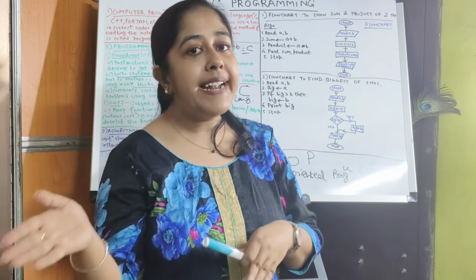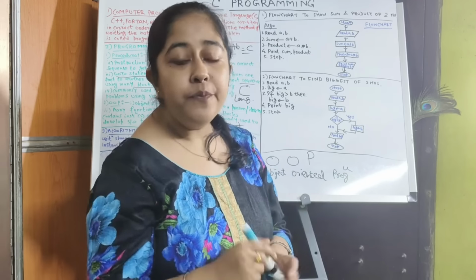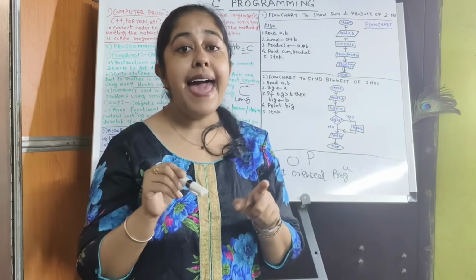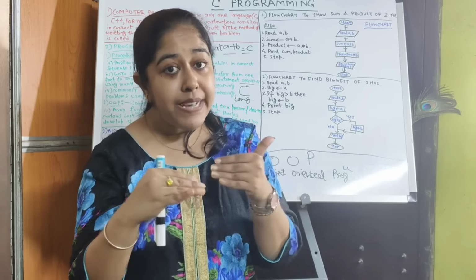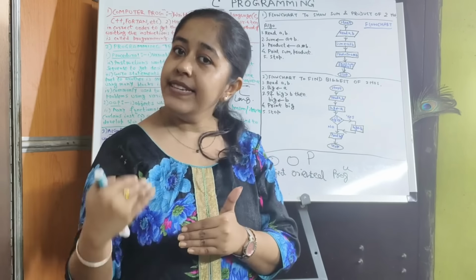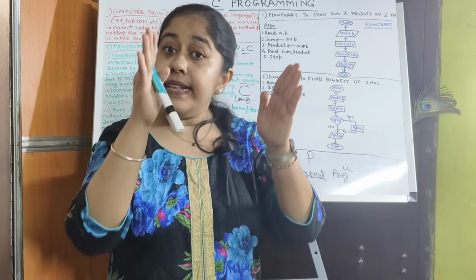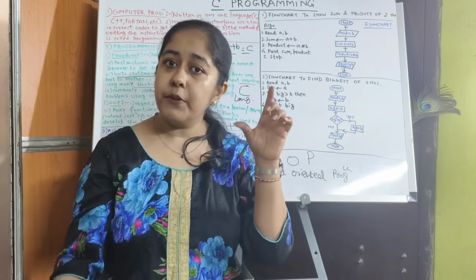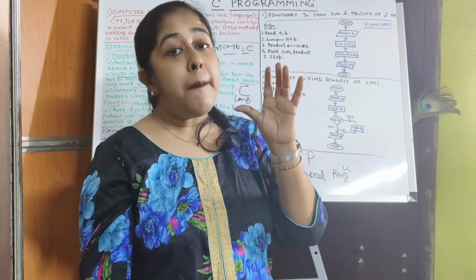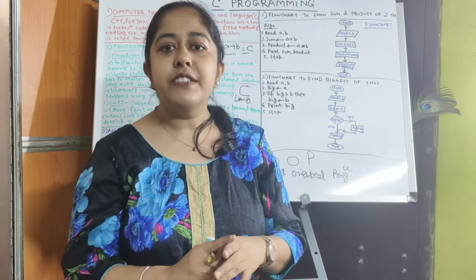So before writing programs, we basically make an algorithm. Algorithms are step-by-step instructions which you give to the computer. So before giving these step-by-step instructions to your computer, we basically write an algorithm.